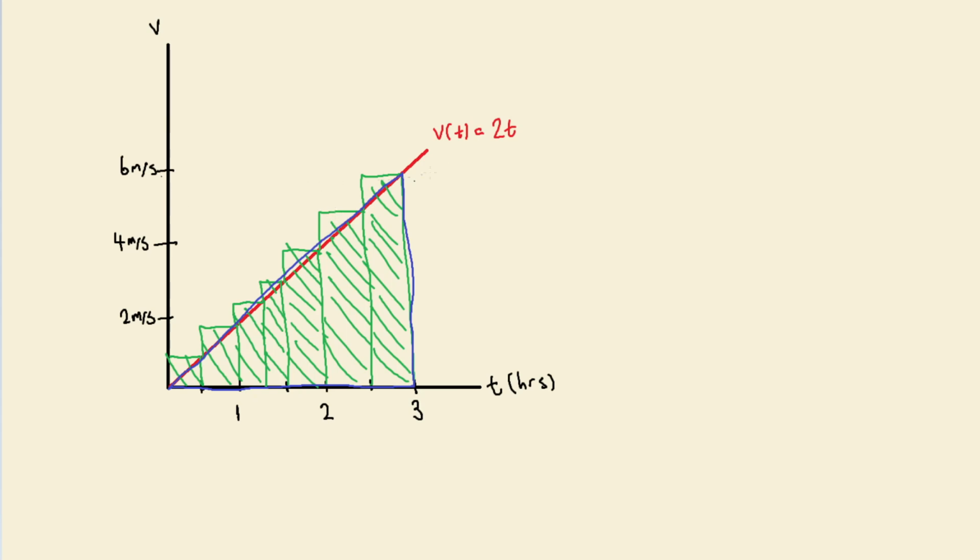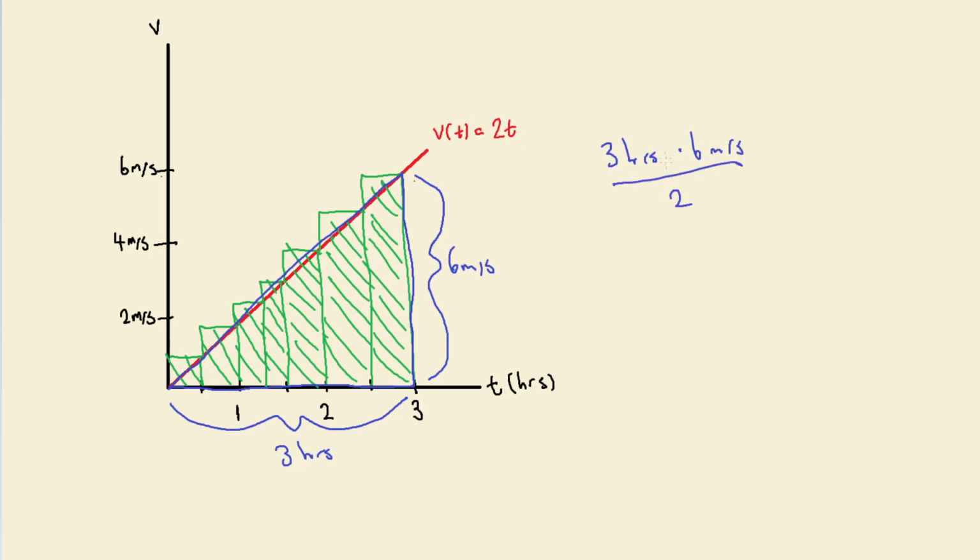What's the height of this triangle? Well, it's just going to be this height right here, which is equal to 6 meters per second. And what's the base of this triangle? It's just this distance here, which is 3 hours. And if we want to calculate the area here, we would just have to do 3 hours times 6 meters per second divided by 2. This is just the formula for the area of a triangle.